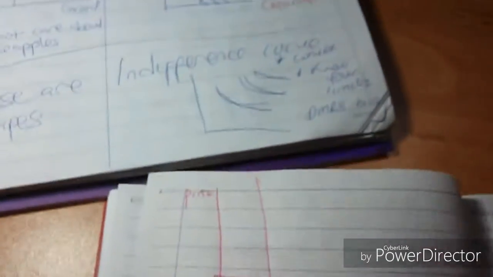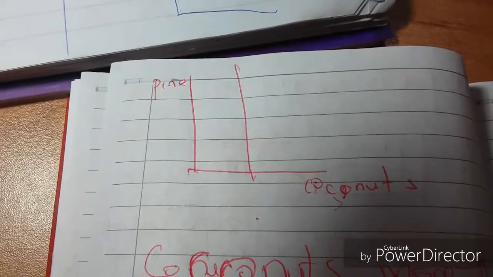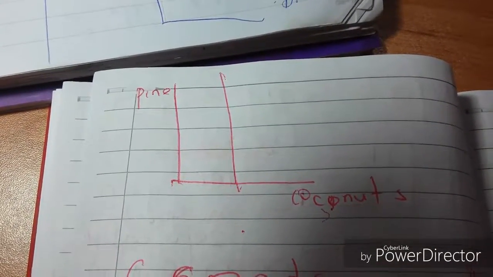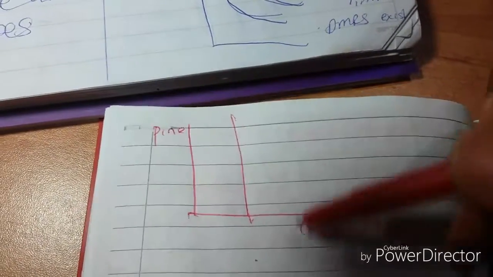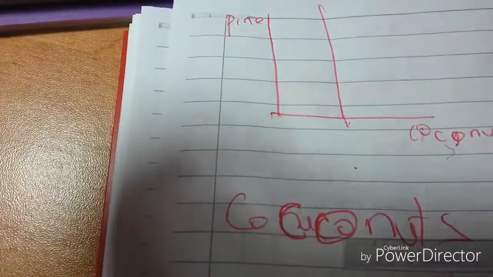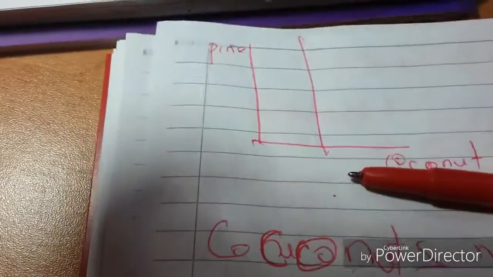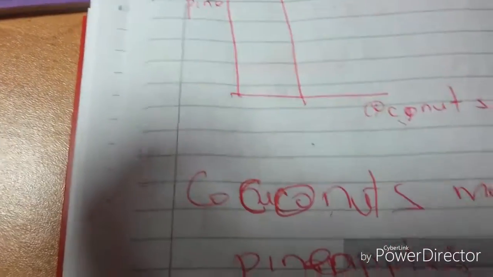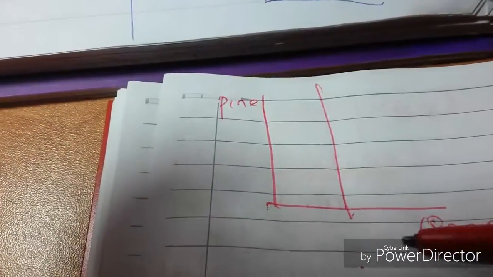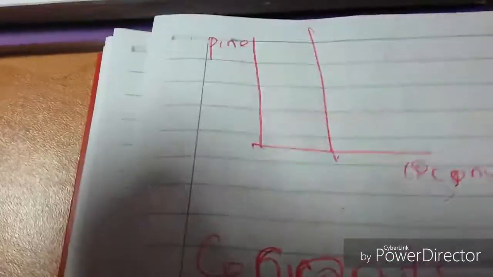When you have strong preference for coconuts and no preference for pineapples, the indifference curve is shaped straight like this. This one is total dislike for pineapples, but you love coconuts, so it is downward sloping, or you could say vertical.